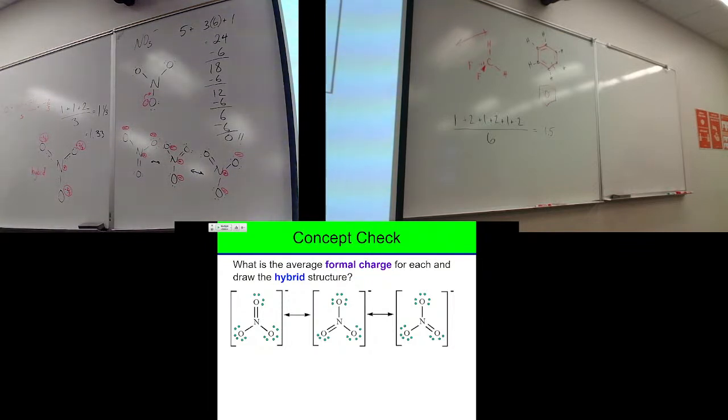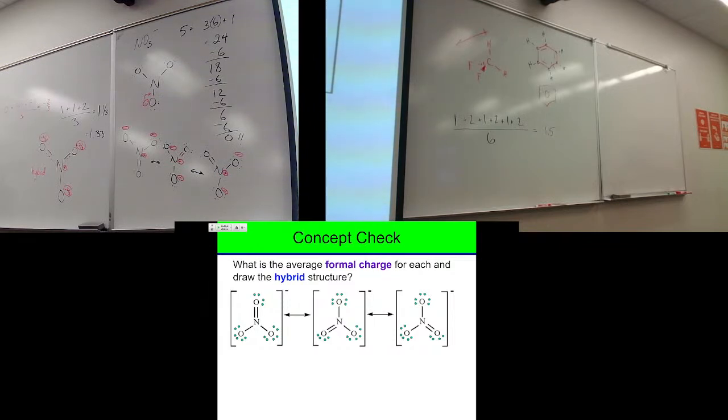The resonant hybrid, yeah. So why would this make sense? Why would this be useful? Remember our guidelines for formal charges. We want small formal charges, that's better. And a -2/3 is not a full -1. It's a little bit less, it's a little bit more stable, I should say. That's a better way to put it.